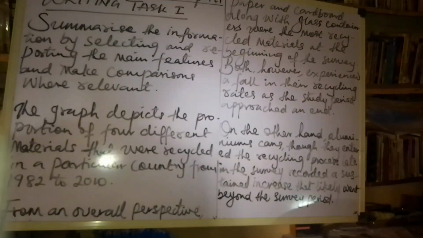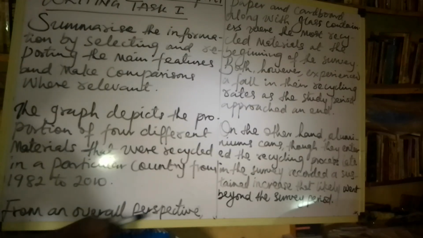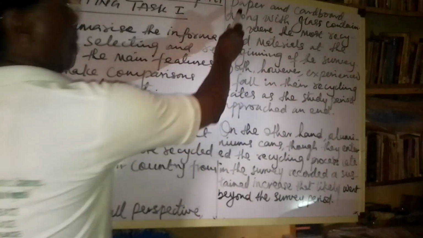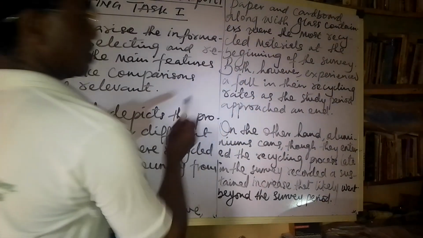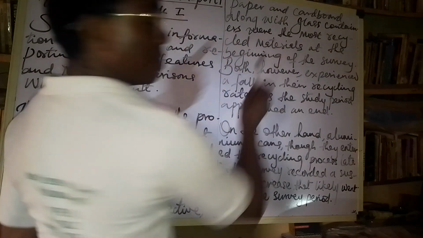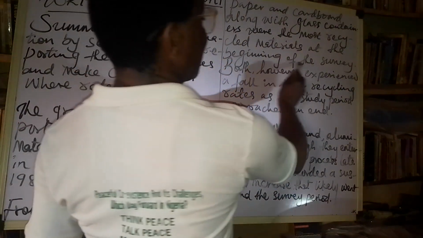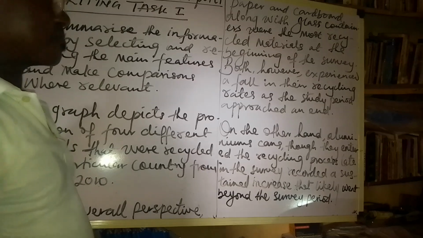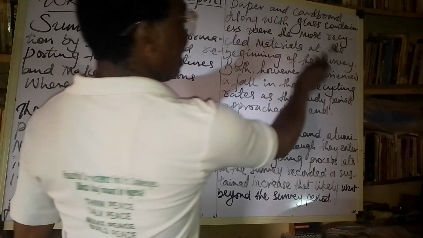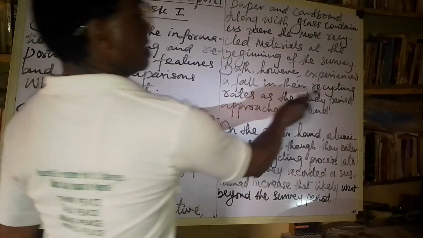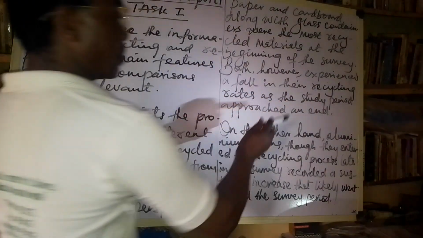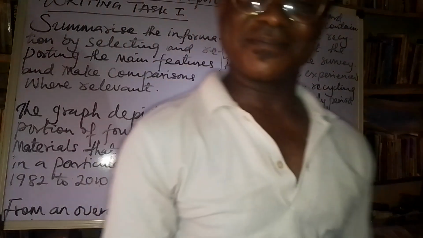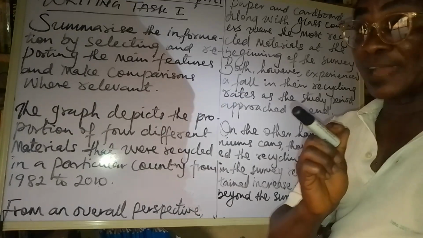It says, from an overall perspective, paper and cardboard, along with glass containers, were the most recycled materials at the beginning of the survey. Both, however, experienced a fall in their recycling rates as the study period approached an end. That is an overview.